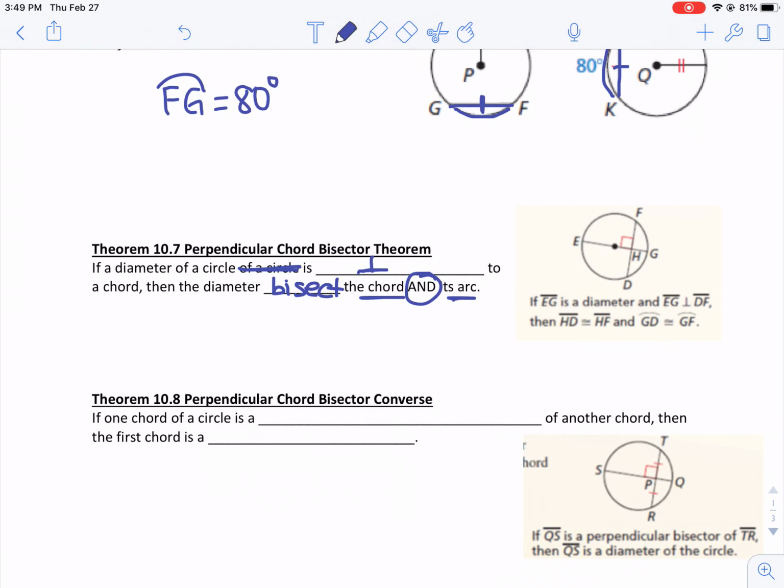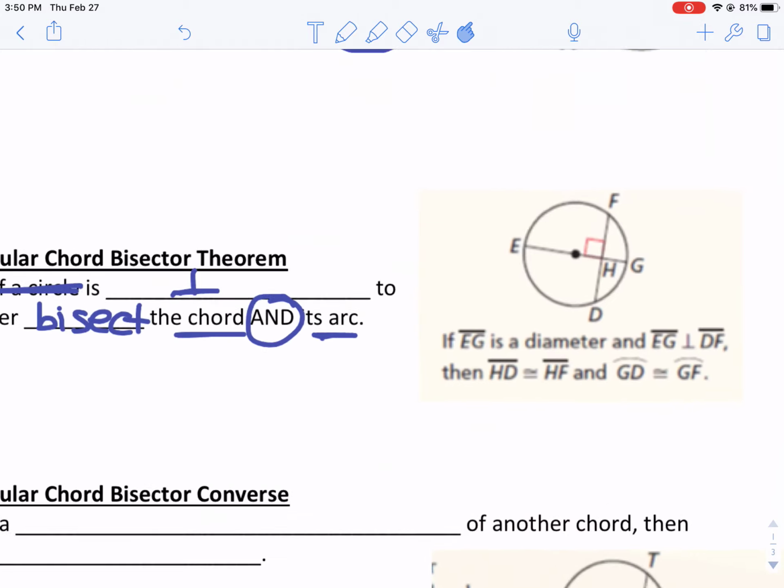All that means is that if this is the diameter, and it's perpendicular to a chord, and we know it's perpendicular because it makes this 90-degree angle, then it makes two congruent segments here and here, and it makes the arcs congruent as well. Let me erase that whole picture because that looks jacked up.